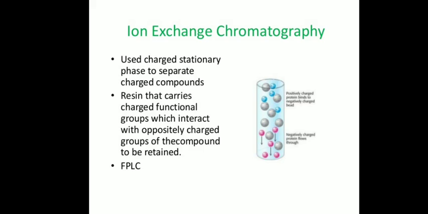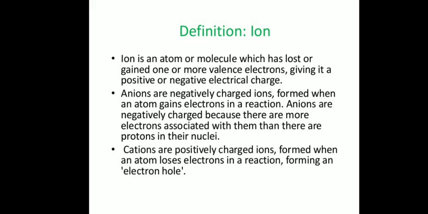Then the first chromatographic technique is ion exchange chromatography. Before studying ion exchange chromatography, there are a few terms which we need to understand. First of all, what is an ion? An ion is an atom or molecule which has lost or gained one or more valence electrons, giving it a positive or negative electrical charge.